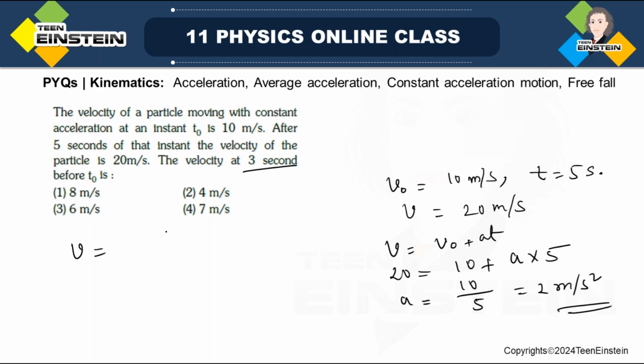In 3 seconds, how much distance it can travel? u is 0 plus... Within 3 seconds, how much velocity it can achieve or acquire? Or I can go with another intuition.